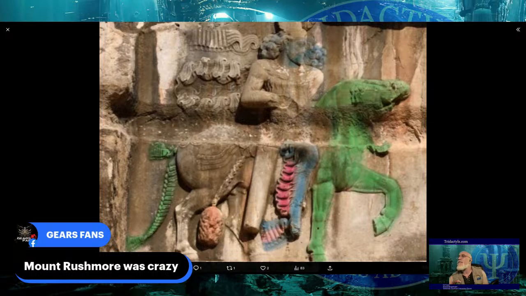Ooh, live access removed. So it looks like on TikTok, I received some sort of violation.